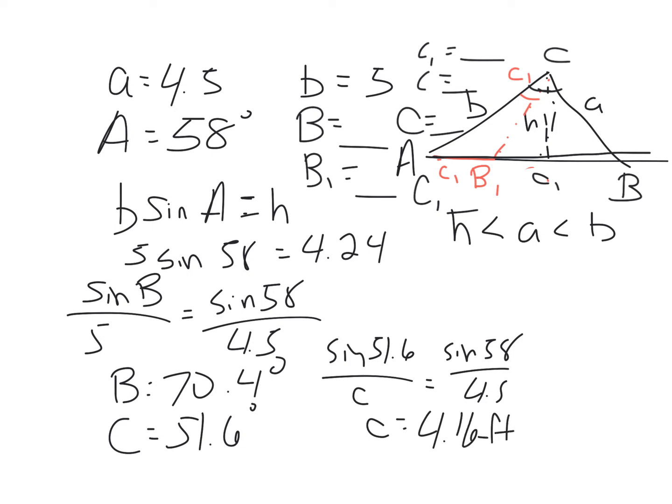Now to find all the primes. So I'll set that up in red, and sine of B prime over 5 equals sine of 58 over 4.5. Cross multiply, I'm going to get B prime is equal to 109.6.